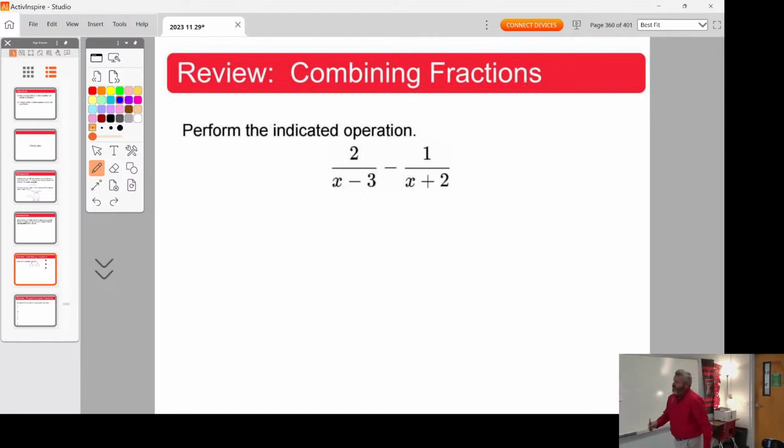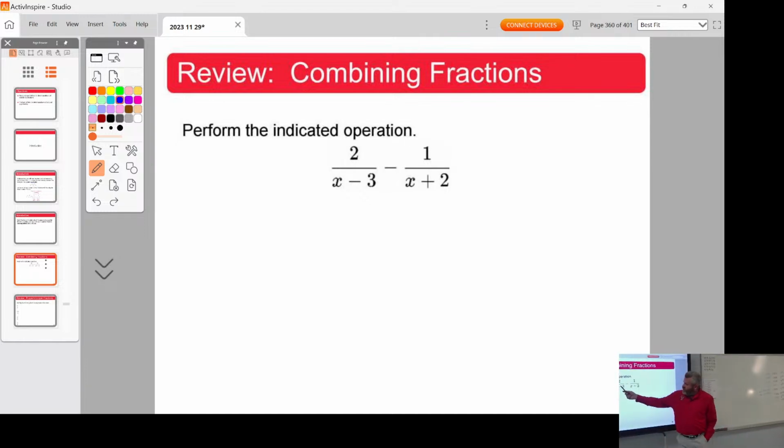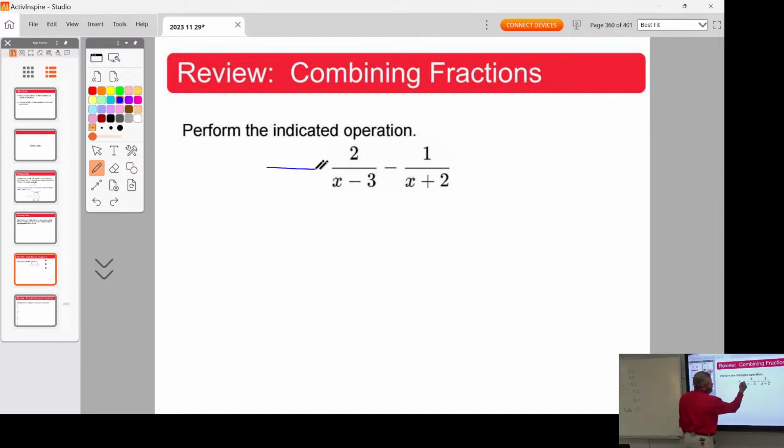Yeah. So if the fraction on the left has an x minus 3 in the denominator, the one on the right must also have an x minus 3 in the bottom, right? Well, I can't just come over here and write it, but I can multiply this fraction by 1, correct? So what I'll do is multiply both fractions by a 1.